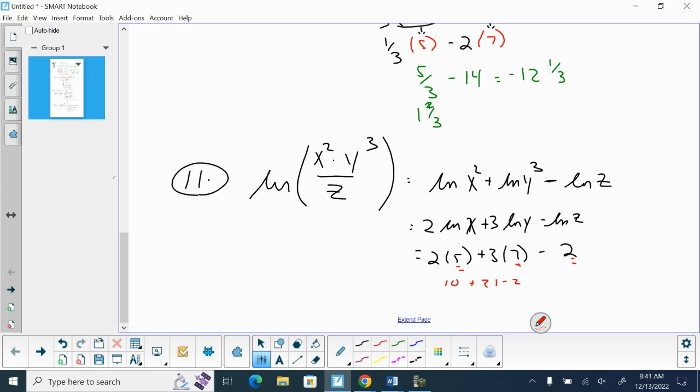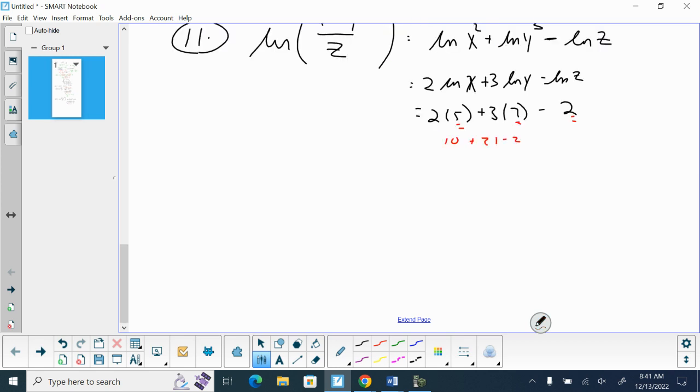And on problem number 12, we have to watch. We have the ln of the square root of x times y, which is ln of x times y to the 1/2 power.